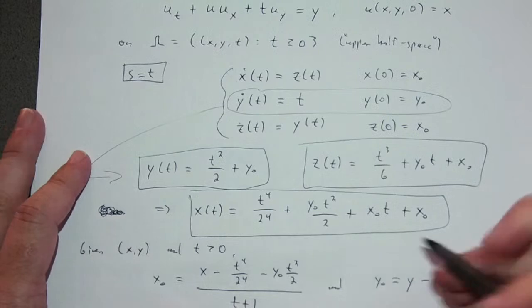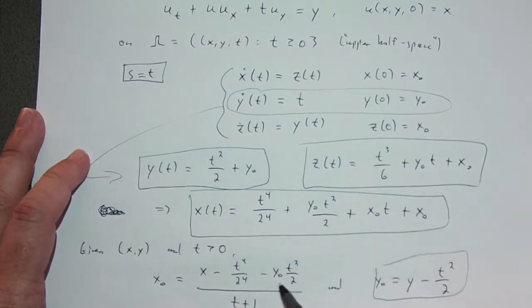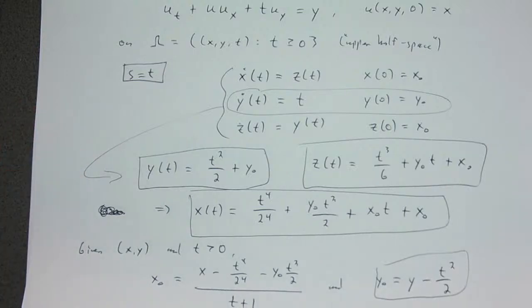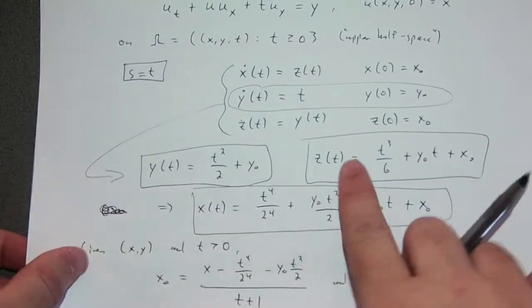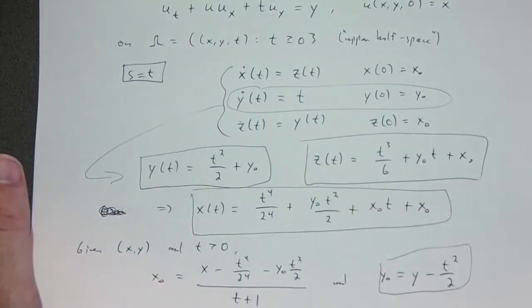So I can plug this y naught in here to get an expression that only involves x, y, and t. And so that's exactly what I'll do using z here.